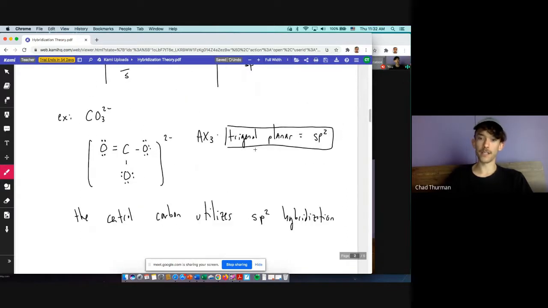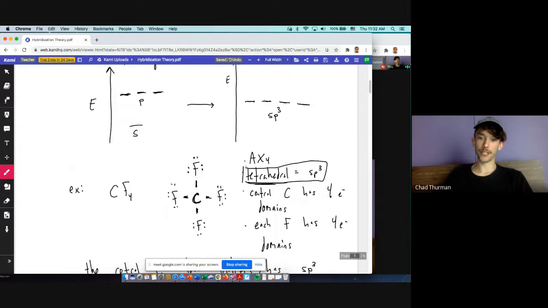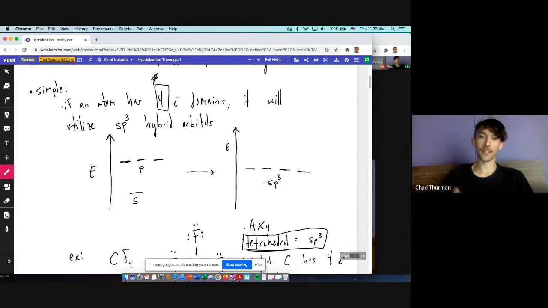This one down here is actually trigonal planar, but that's also the name of the family that they belong to, if that makes sense. This is a molecule in the trigonal planar family. This is a molecule in the tetrahedral family. So it's those parent geometries or the families that I'm referring to. If that confuses you, just remember what I'm saying about the electron domains.